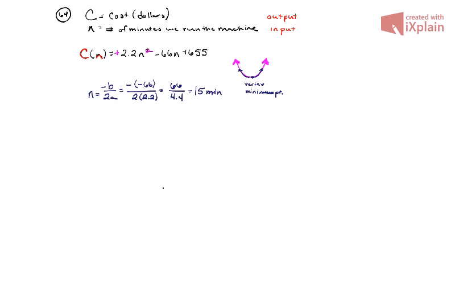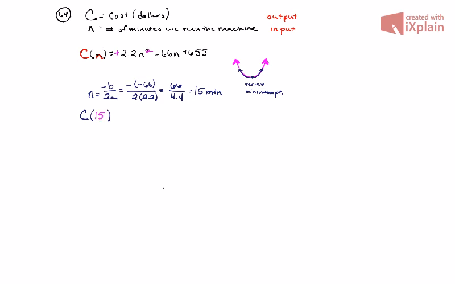So we know how long we have to run the machine in order for us to spend the minimum or least amount of money. Since I know the number of minutes, I'm going to put that into my function.